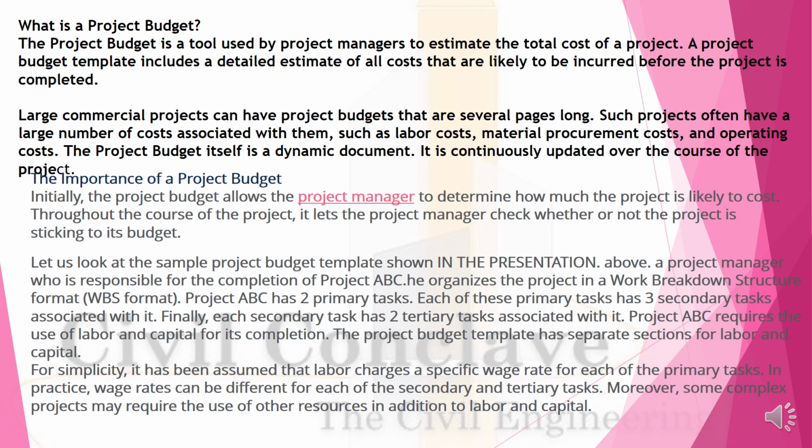Large commercial projects can have budgets that are several pages long. Such projects often have a large number of costs associated with them, such as labor costs, material procurement costs, operating costs, etc. The project budget is itself a dynamic document. It is continuously updated over the course of the project.